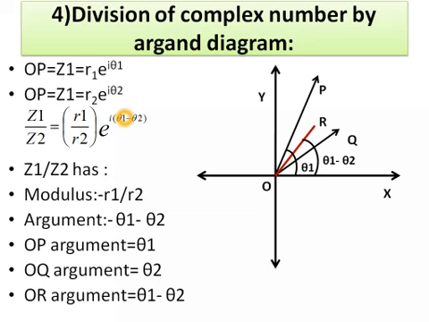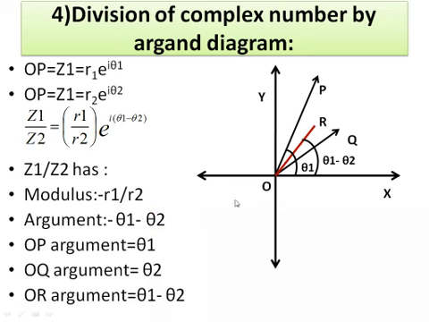So we have written here θ1 minus θ2. So the division of complex numbers will have a new modulus of R1 upon R2, and the new argument is θ1 minus θ2.